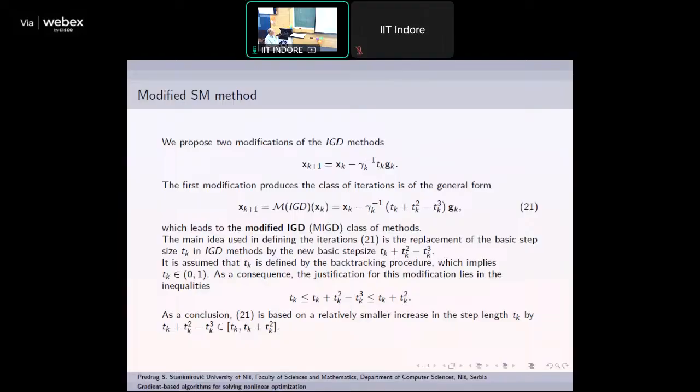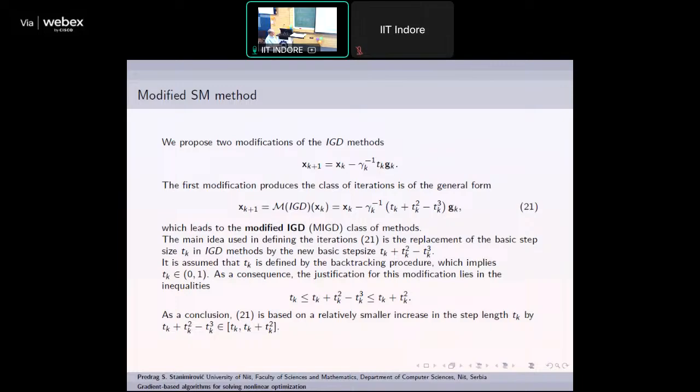Another idea was to use, instead of one simple TK, this expression. TK is between 0 and 1. So TK is bigger than TK squared, bigger than TK cubed, and so on. And evidently we have such 2 inequalities.